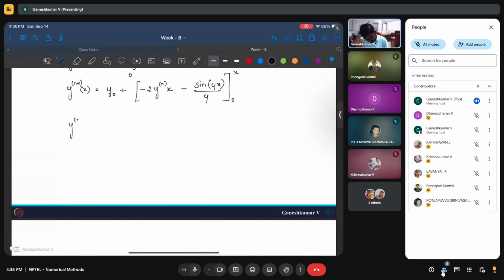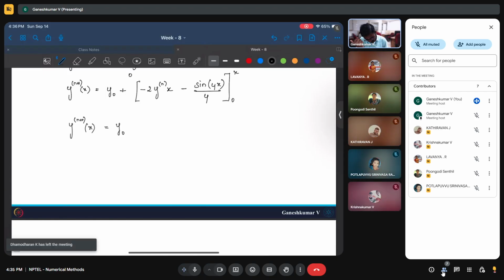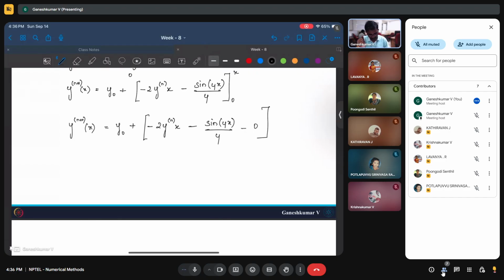This can be written as y naught plus minus 2yn x minus sine 4x by 4, and if you substitute 0, it is simply 0, so I'll leave it like that.